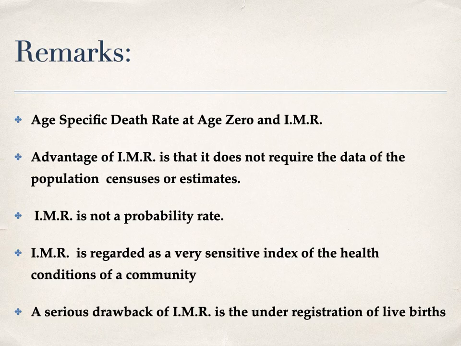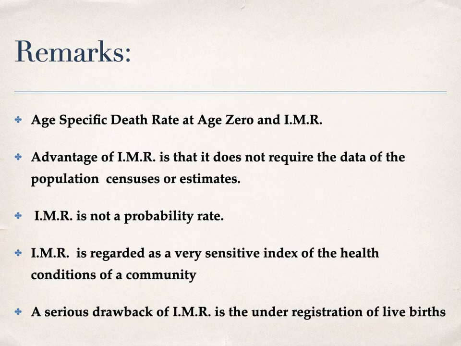But it is somehow different, because if we are considering the age-specific death rate at a particular age, then in the calculation, in the numerator we have the number of deaths of the infants in the age group 0 to 1.